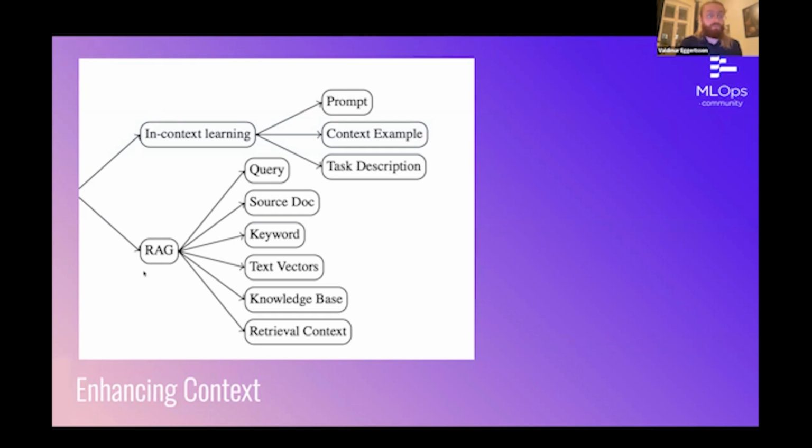Then we have retrieval augmented generation, which has been a very hot topic. But they decompose it into a few different parts. You have the input, like a question which the person asked, and you have the sources the AI uses. I don't remember what the keyword was supposed to be, but it's if you want to have keyword search.